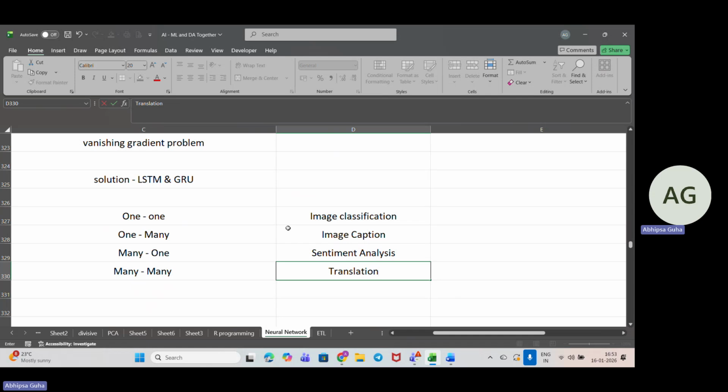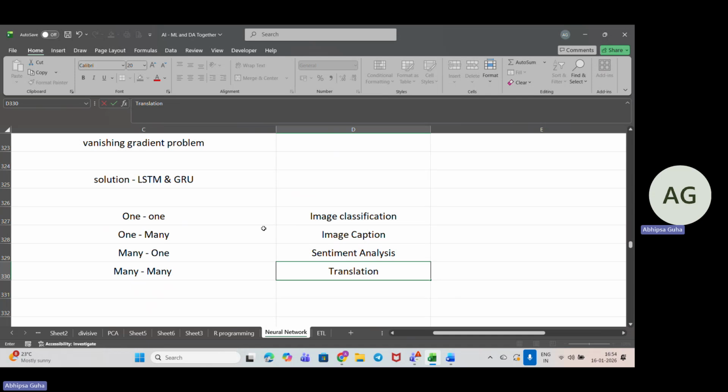For that, the solution is LSTM, that is long short term memory. We have a memory gate in LSTM and GRU, so that what to remember and what not to remember can be decided, and what not to remember can be forgotten easily.